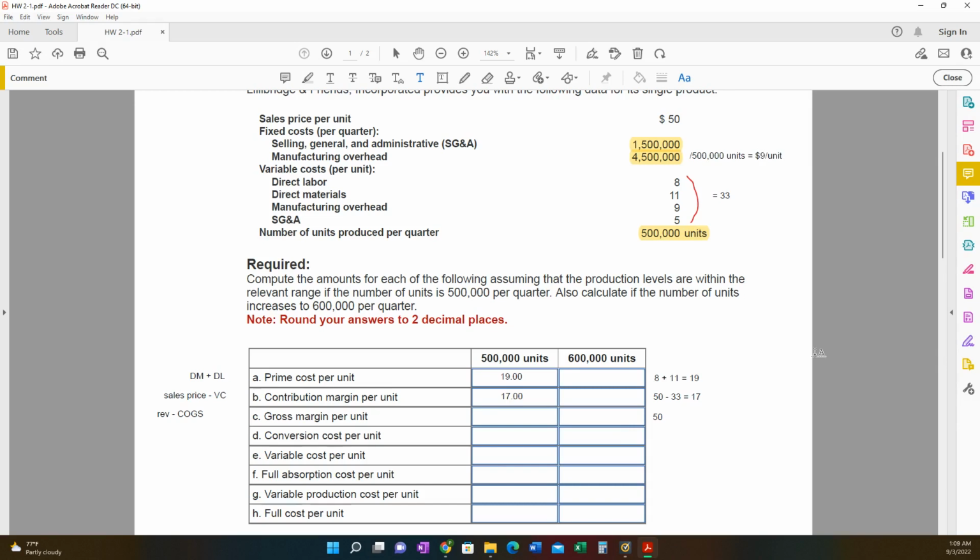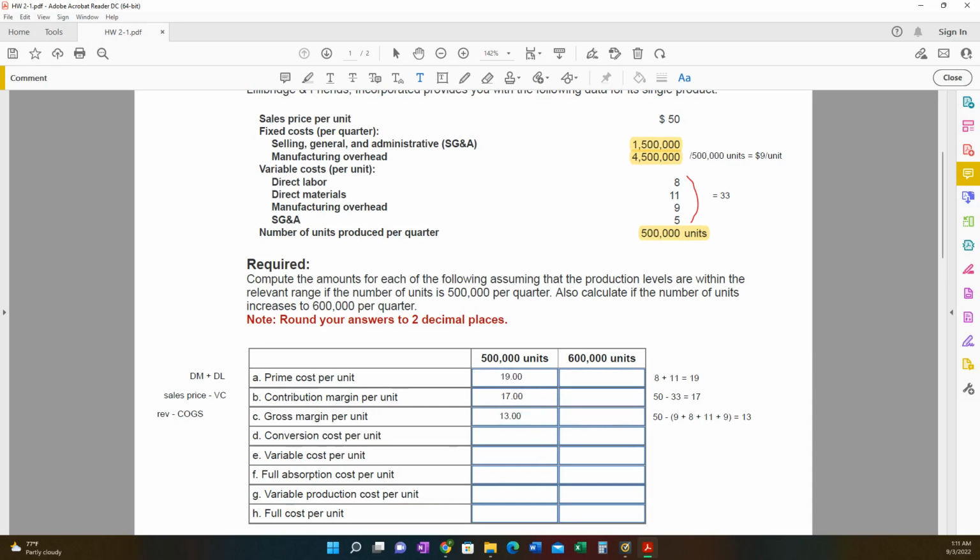So to calculate our gross margin per unit, we have $50 sales price minus our $9 manufacturing overhead and our direct labor variable cost of $8, our direct materials of $11, and our variable manufacturing overhead of $9. So that's 50 minus 37, and that gives us $13.